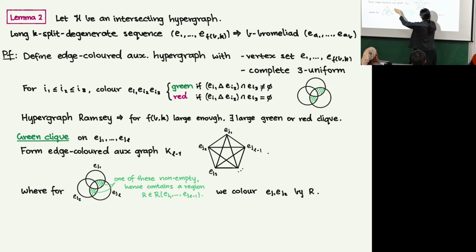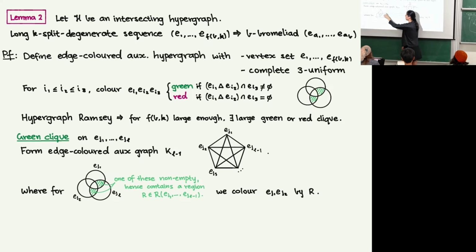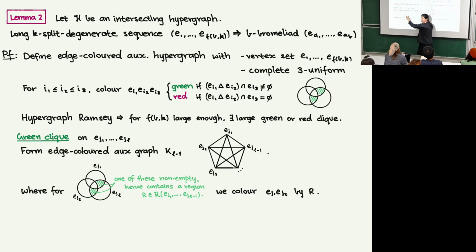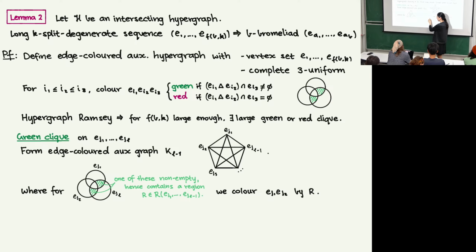By assumption, I know that all of these are green, so these are always non-empty. And since they're non-empty, they should contain a region from this partition, which is finer. Right. So this is just a partition right now using literally 3 edges, where it's EJ1, EJ2, EJL. And I colored the edge EJ1, EJ2 by a region of EJ1 up to EJL minus 1 that's contained inside one of these parts.